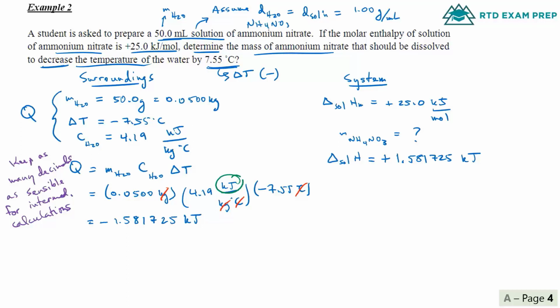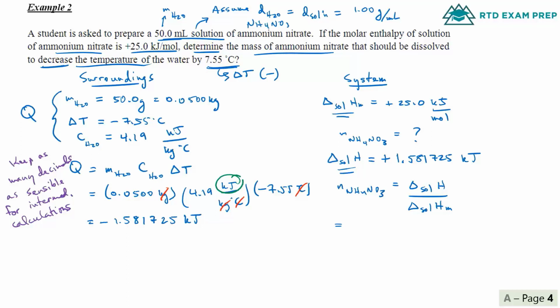we're looking for the mass of NH4NO3. We know that given our molar enthalpy and also our enthalpy change for the specific reaction, we can easily determine the moles of NH4NO3 from the molar enthalpy formula, where it's going to be the plain old delta H divided by the molar enthalpy of solution.